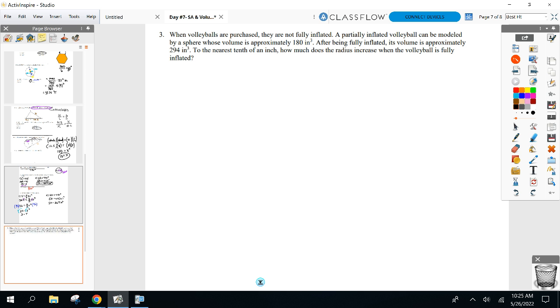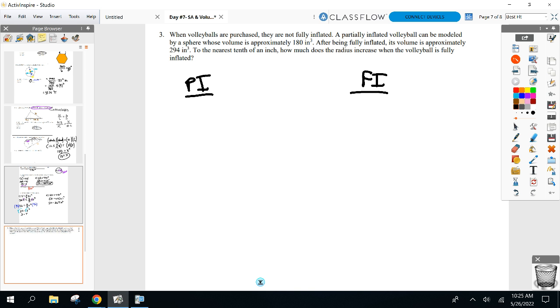Regents question coming up. Old Regents question right here about volleyballs. So you got 2 types of volleyballs. You have one volleyball that's partially inflated, and then I have a volleyball that is fully inflated.